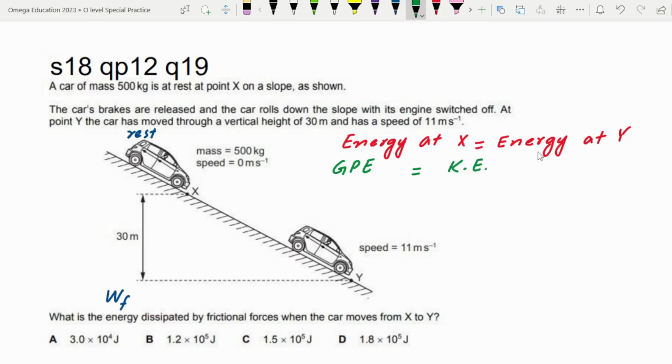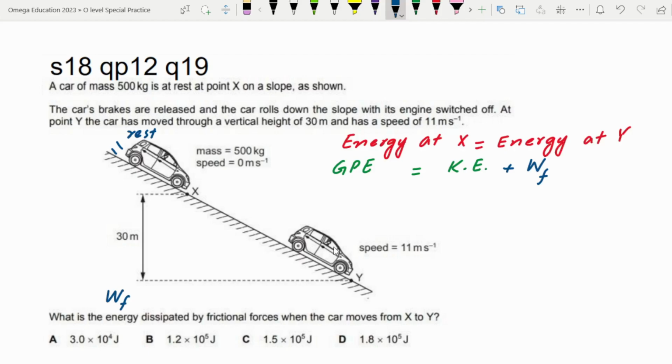Kinetic energy plus there is some other one as well: work done against friction. Because as the car travels down the slope, there would be some air resistance and you have to overcome that as well. So you'll have to do the work against the friction.